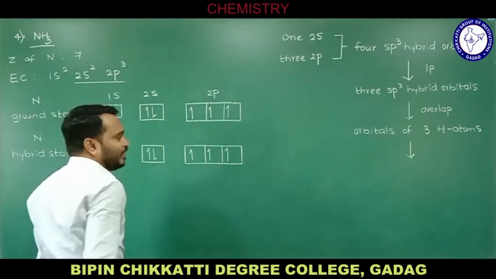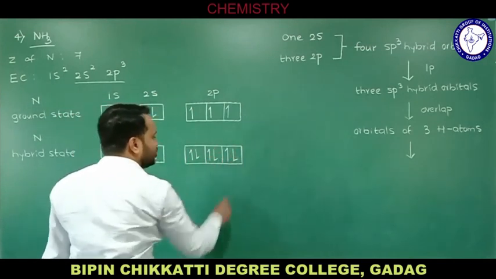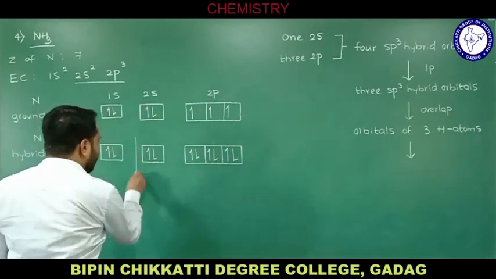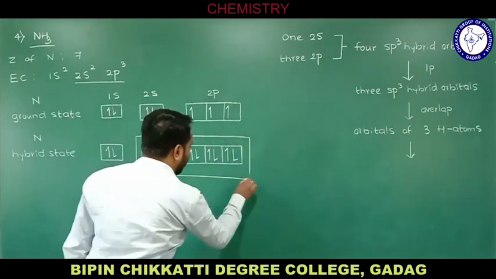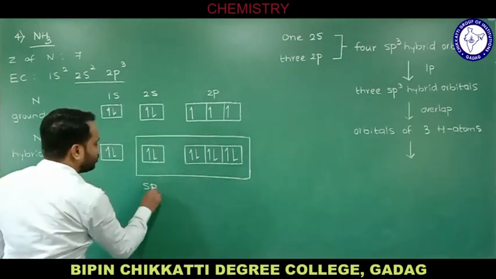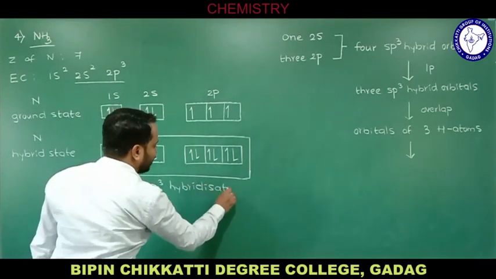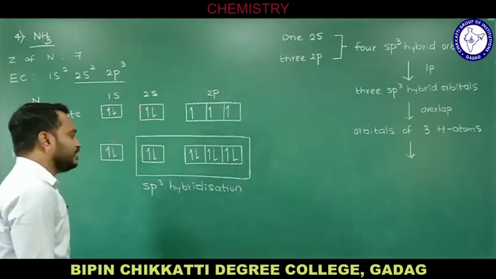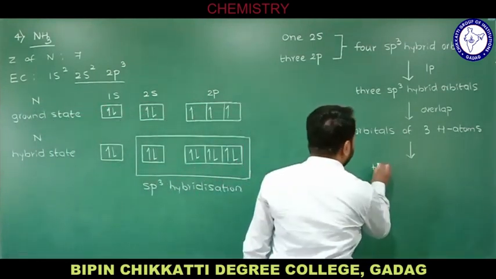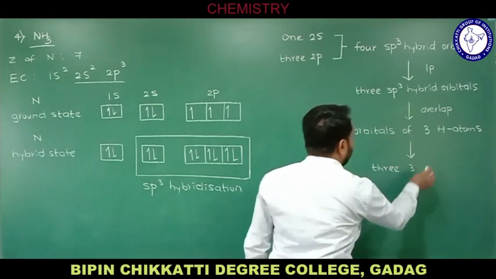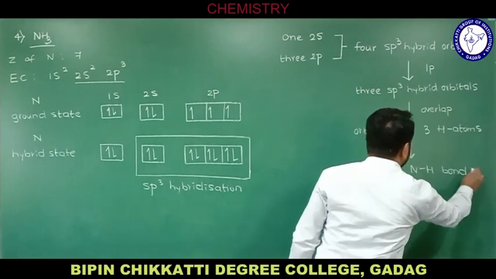Already each has 1 electron, and this electron is from one hydrogen, this is from another hydrogen, this is from the third hydrogen. Therefore, the type of hybridization we get here is, this is 1 and we have 3p, therefore sp3 hybridization. Because of sp3 hybridization, we are going to get three N-H bonds.